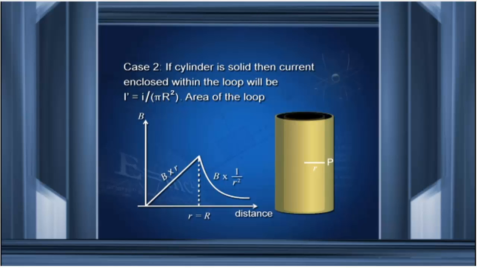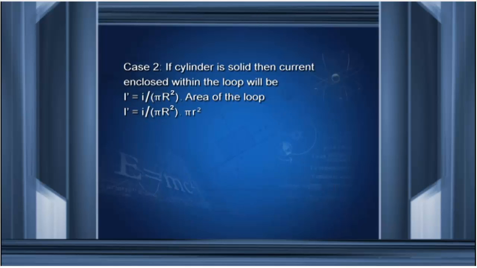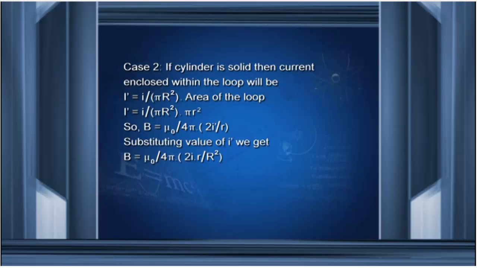As a result, we get I dash equals I divided by pi R square into pi r square. Here small pi r square is the area of the shaded loop. Substituting this value of the current in the magnetic field, B equals mu naught upon 4 pi, 2 I dash upon r. We get B equals mu naught upon 4 pi, 2 I into r divided by capital R square.